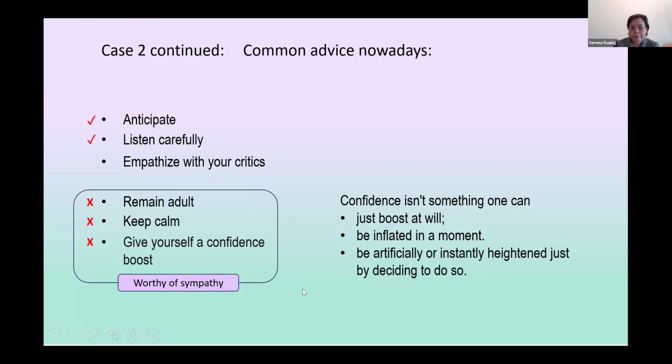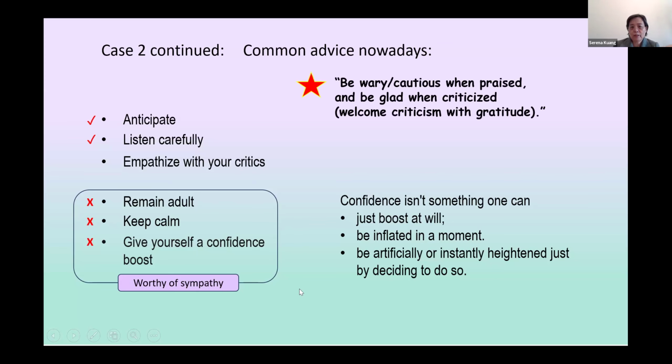But what should be the true teaching? It's here. I put it higher, see, higher than this level. That is: be wary and cautious when praised, be glad when criticized, or be unmoved by either praise or criticism.